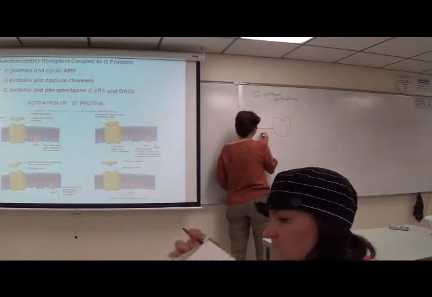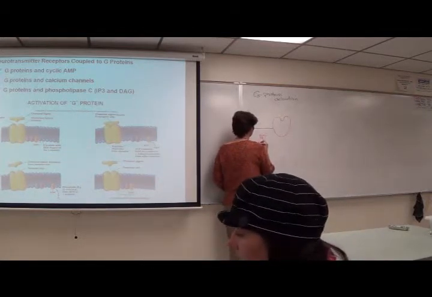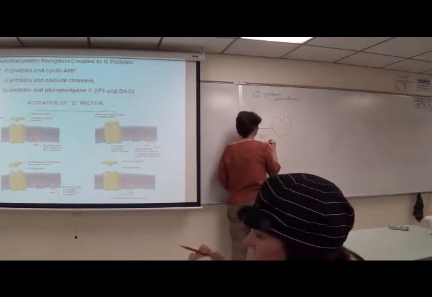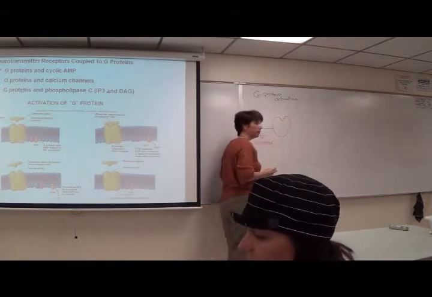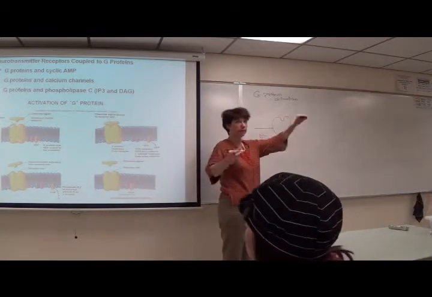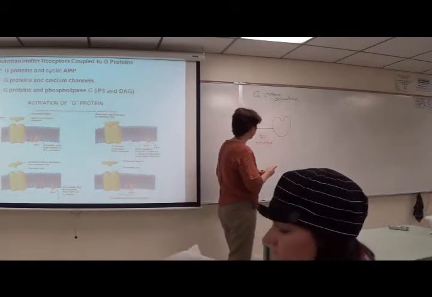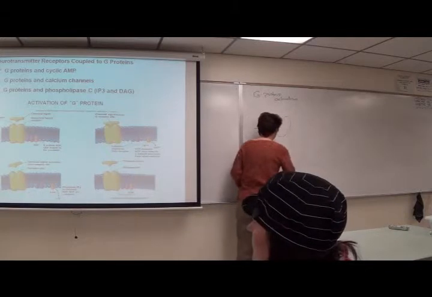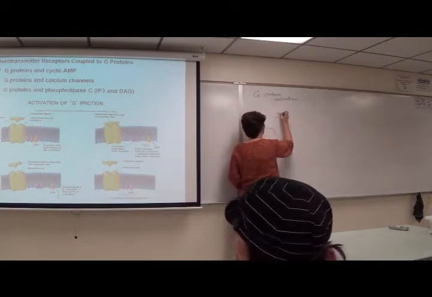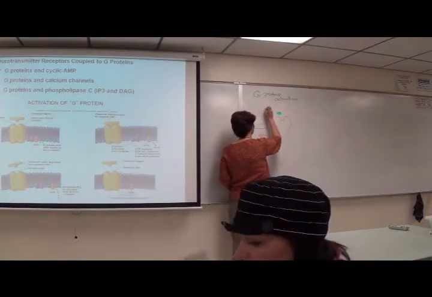So they all have a common step, and that is activation of the G protein. So this is our neurotransmitter receptor. It could be an acetylcholine receptor or a norepinephrine receptor or a glutamate receptor, and it's going to bind the neurotransmitter.